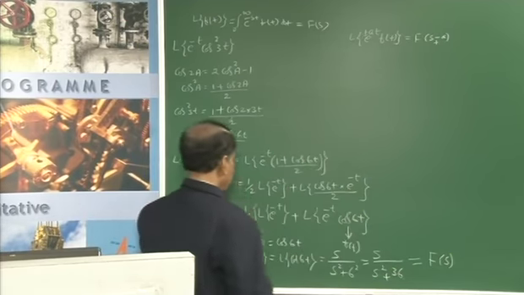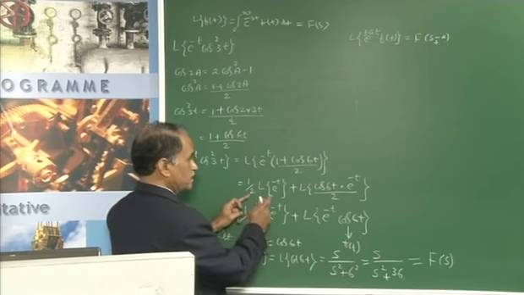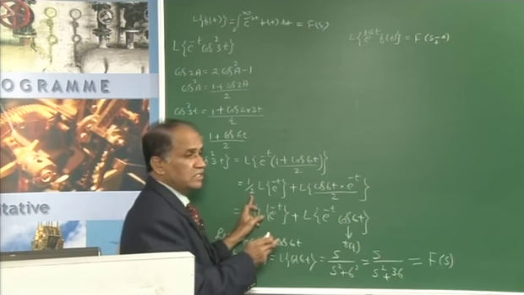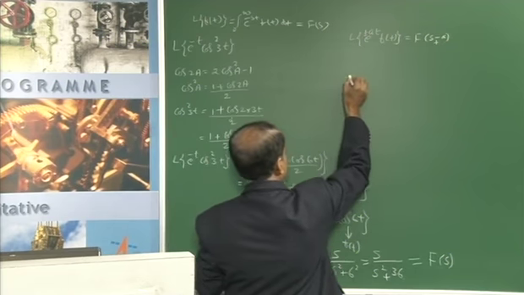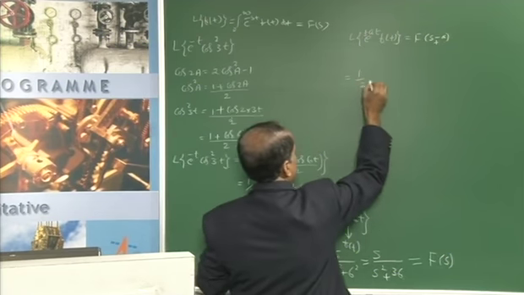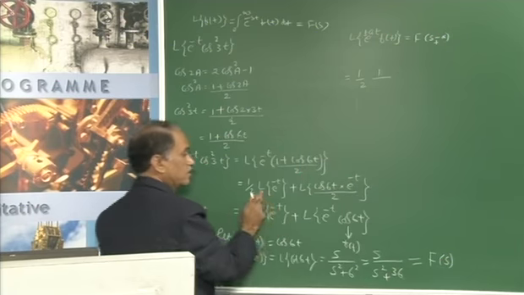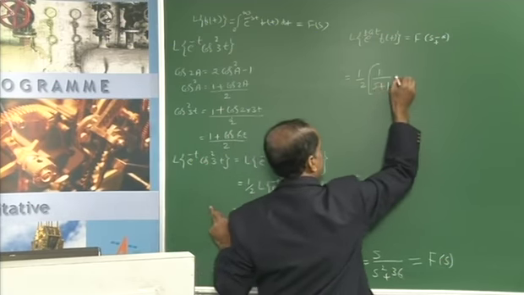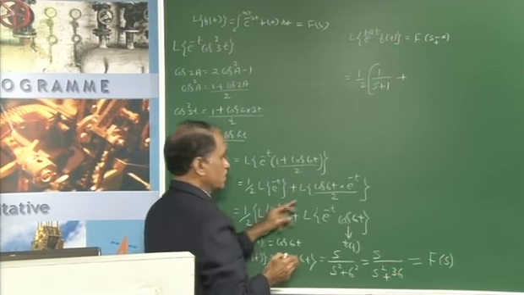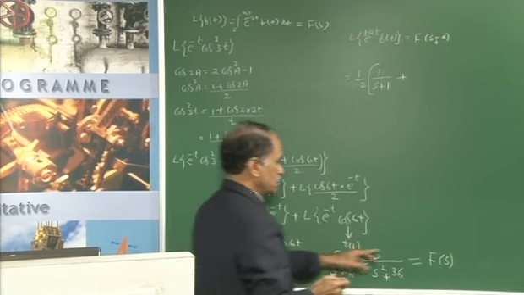Then compared to that one, the first term is not the shifting property application, so this is equal to 1 by 2 times 1 divided by, L of e to the power minus t is nothing but s plus 1, and plus of cos of 60, that is F of s.